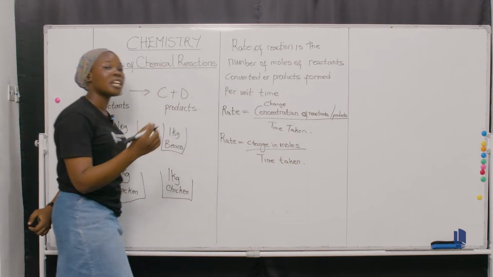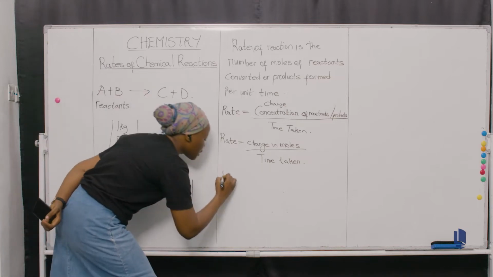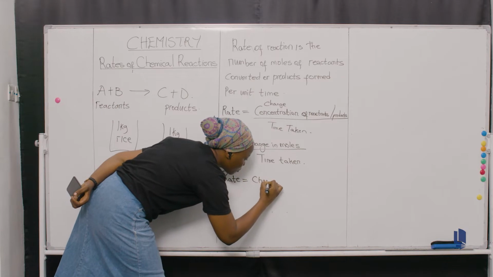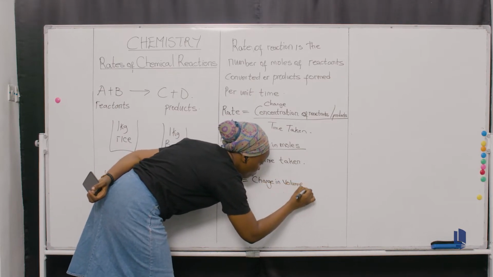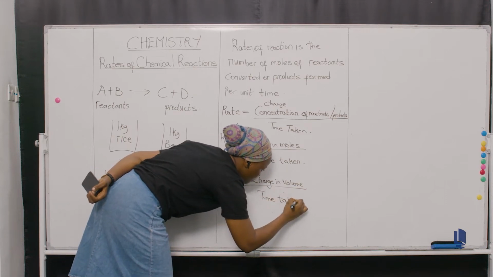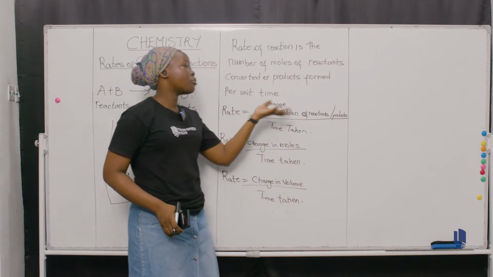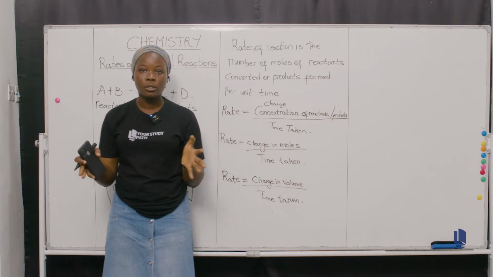And if you consider gaseous state, that means you're talking about volume, right? So rate can also mean change in volume over time taken. Change in volume, change in moles or change in reactant will be the difference, right? Time taken will be the duration.